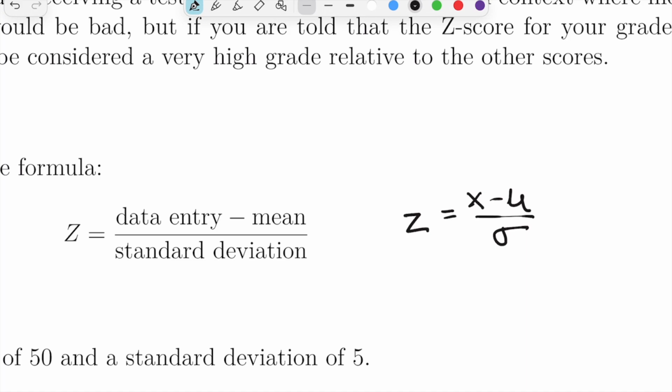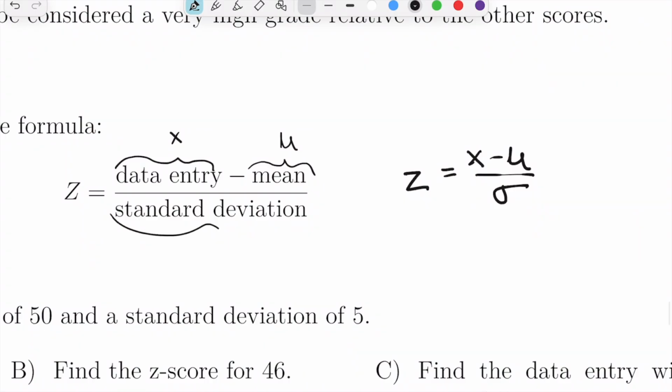But let's make sure you do actually understand it. The data entry or the data point that you're using, I'll just call that x. The mean, that's the average, and that's usually given to you, but that's our mu. And then our standard deviation is our sigma. And of course, z is the number of standard deviations.